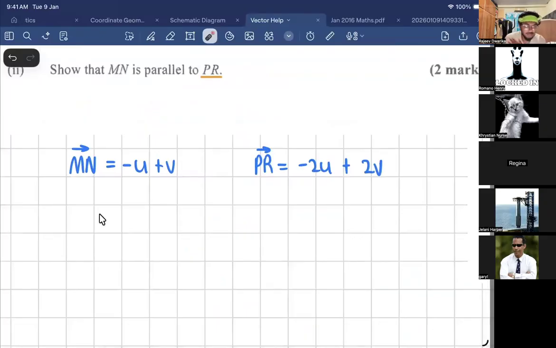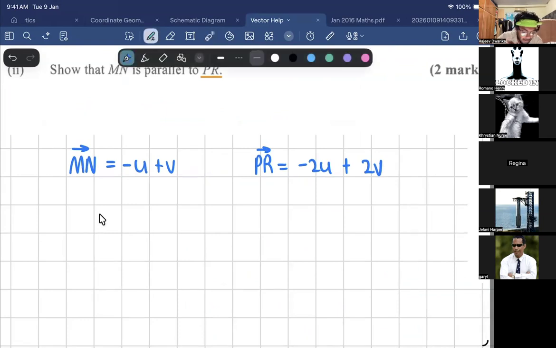To help you out a bit, Regina, is it possible for me to factor out anything over here? The 2. We could factor out the 2. If I factor out the 2, what do I write on the inside? It would be minus.